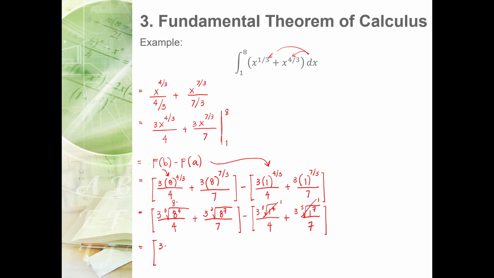Since there are four 8s, 8 times 8 times 8 times 8, each 8 is a perfect cube. So the cube root of 8 is 2, and since we have four 8s, times 2 times 2 times 2, right? All over 4.